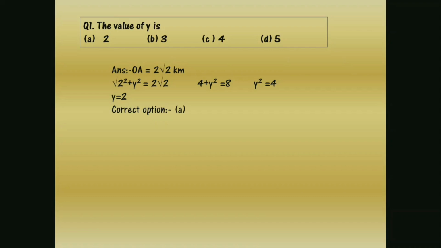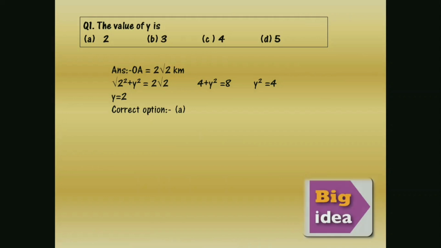O is considered as the origin (0, 0), and the vertex A is given. Substitute in the formula. Then you will get root of (2 square plus y square) equal to 2 root 2. Square both sides. 4 plus y square equal to 8. So y square is equal to 4. y is equal to 2. The correct option is option A, 2.